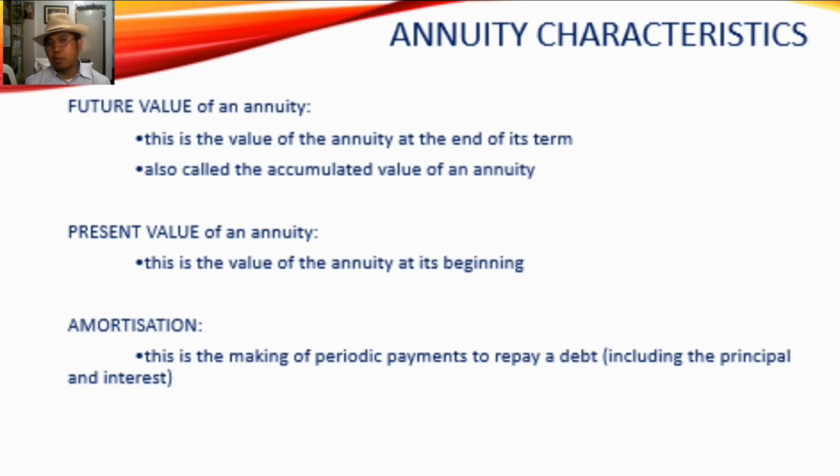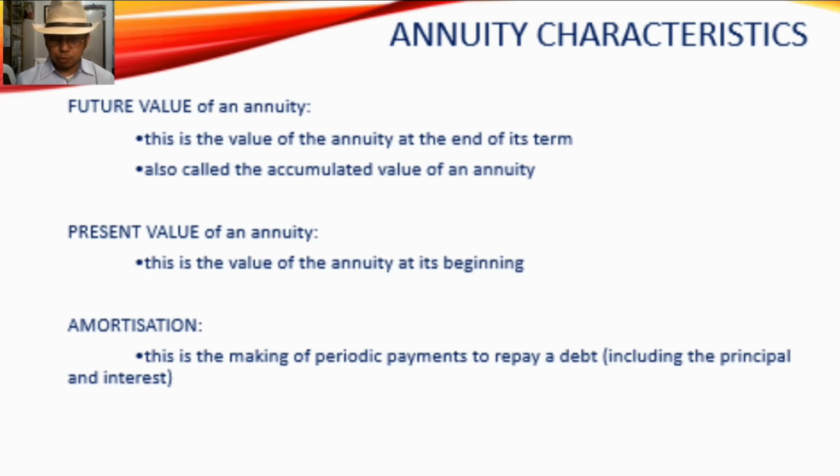So again, when we say present value, the question goes like this: if you would like to earn this future value at the end of 10 years, what would be the amount that you need to invest today? That amount is called the present value. So that is the future and present value, which are characteristics of the annuity.